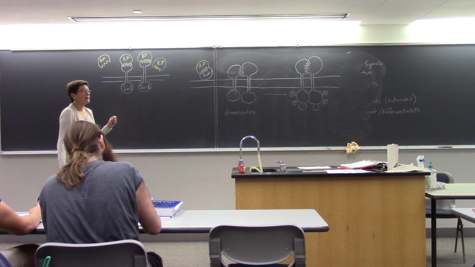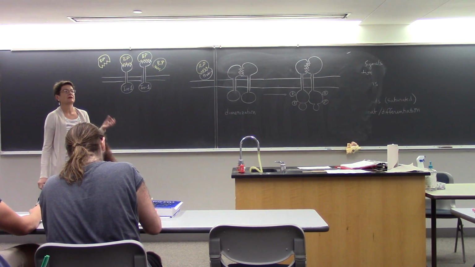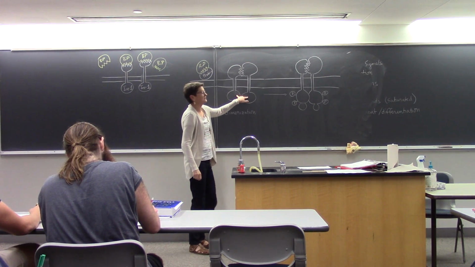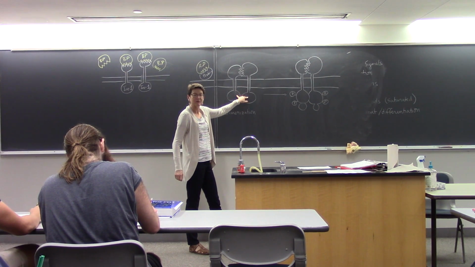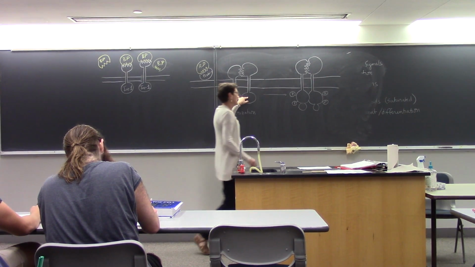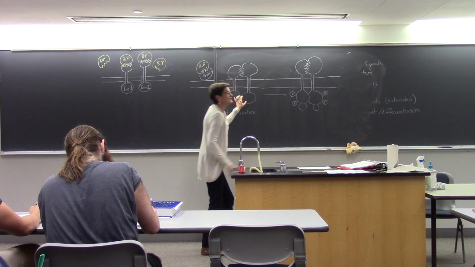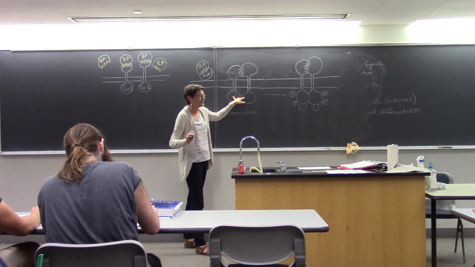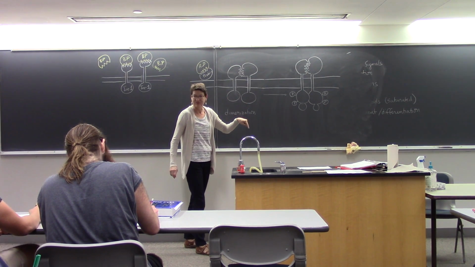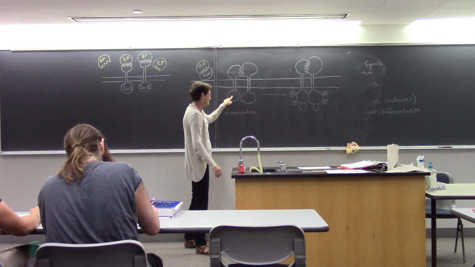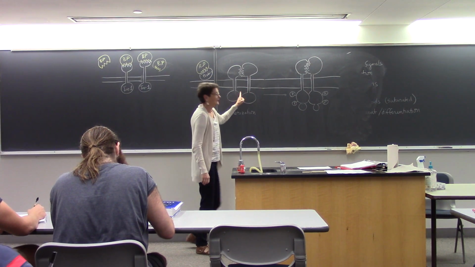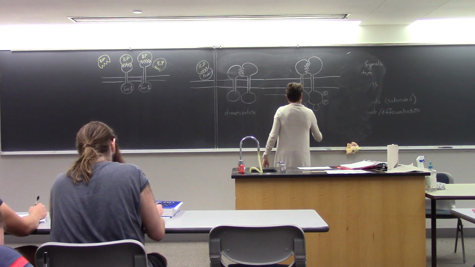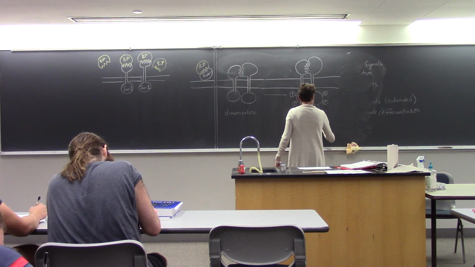IRE phosphorylates each other. These two domains on the cytoplasmic side are actually protein kinases, and the job of this protein kinase is, as far as I know, only to phosphorylate each other. So this IRE phosphorylates this IRE, and vice versa. We call that trans autophosphorylation.